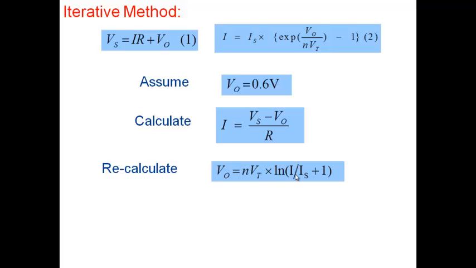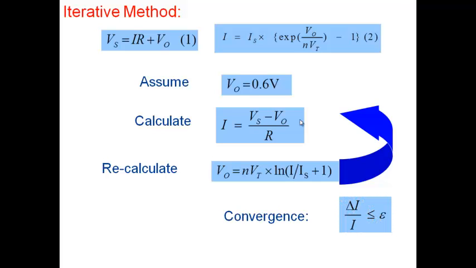Then I go back and keep on iterating till I obtain convergence, till I find that my current is no longer changing much, that delta I by I is less than a certain threshold. And then I say I attain my solution.